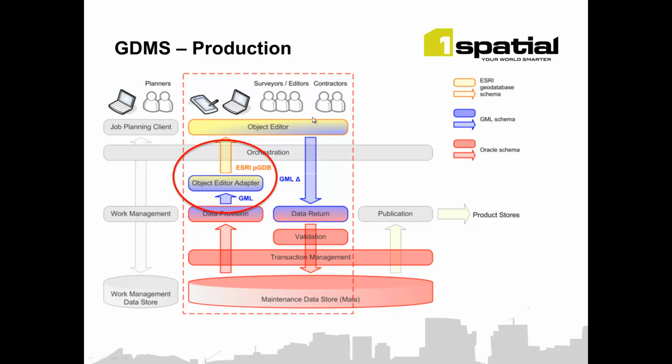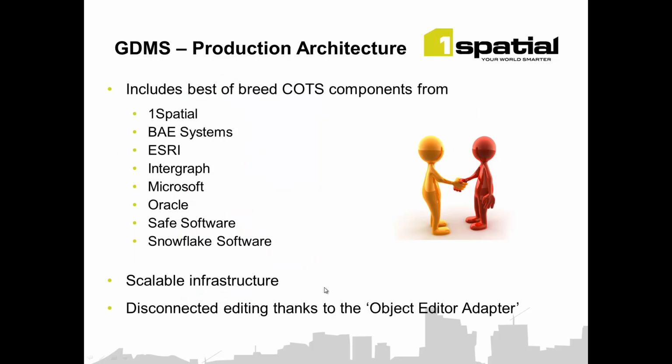And this is what the surveyors and all the editors, different contractors, use to manage and update the base map before it then routes its way back from a checked out data environment back into the master data environment in Maya. I don't really want to focus on that anymore.